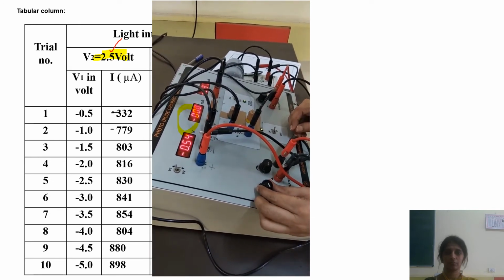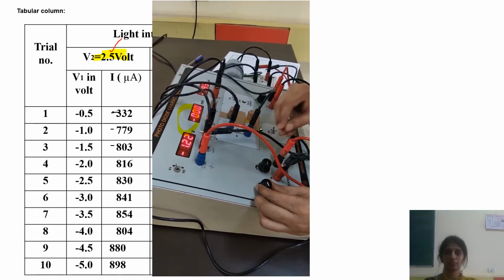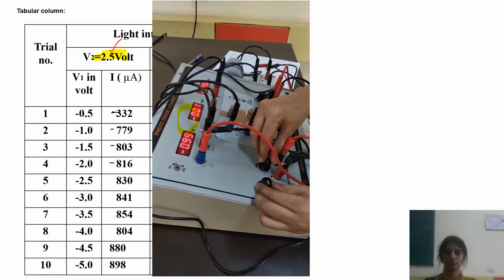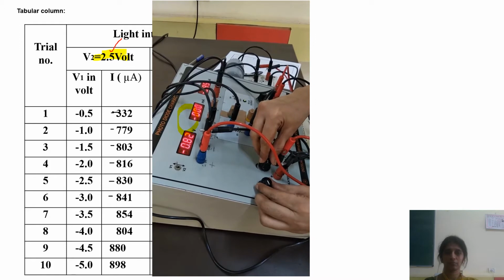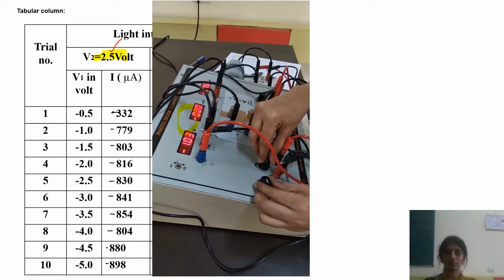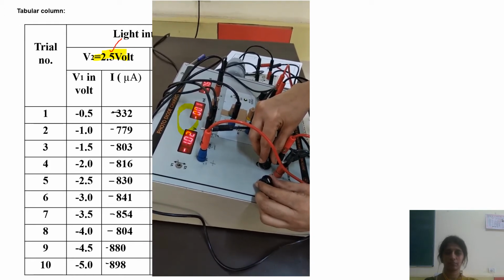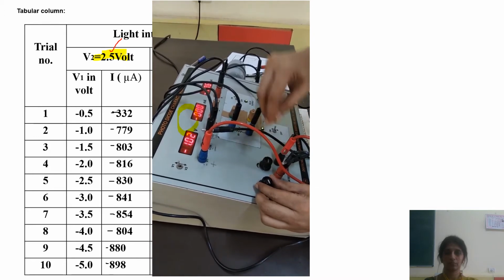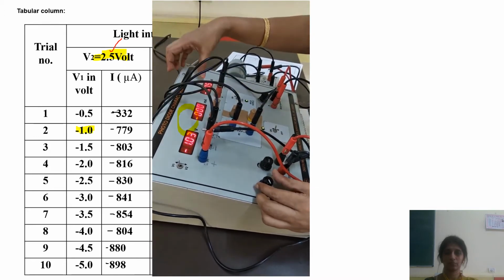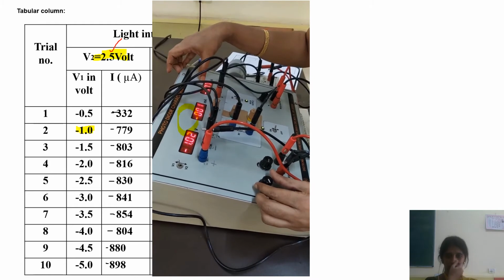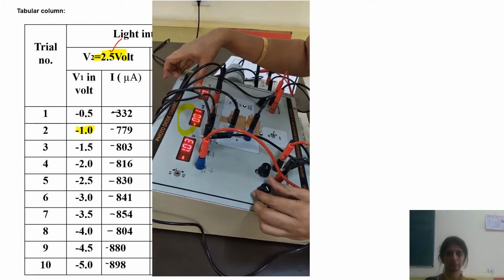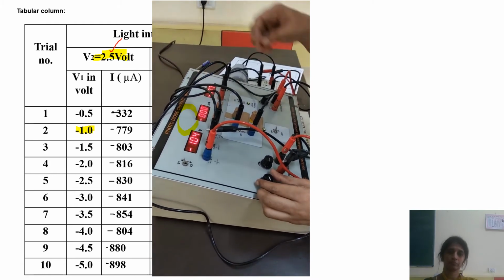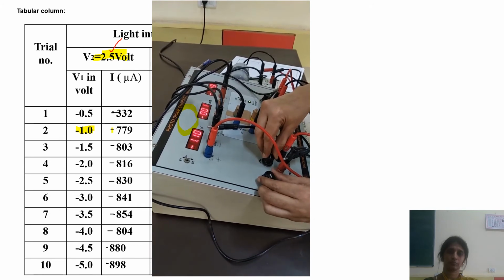Next, keep it for 1 volt. After keeping this 1 volt, note down the corresponding current. The current appears to be 777 microampere. Next, take it to 1.5.